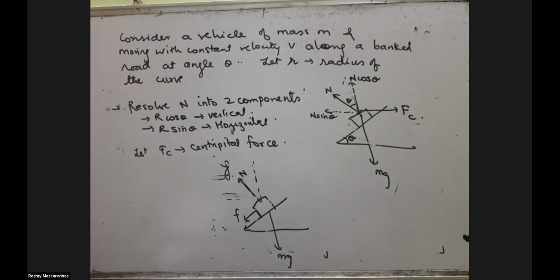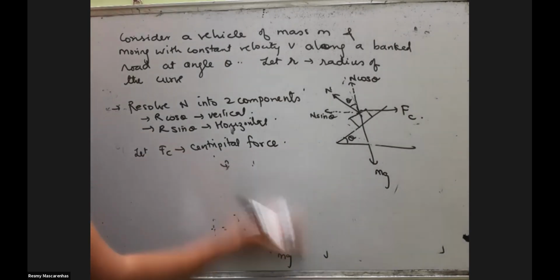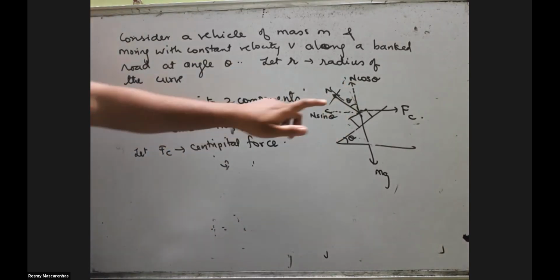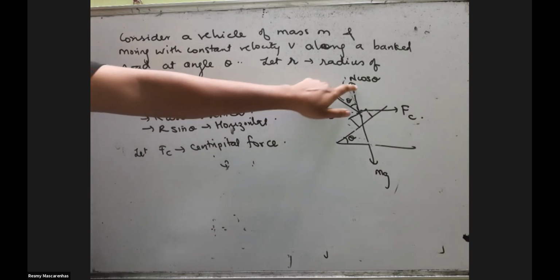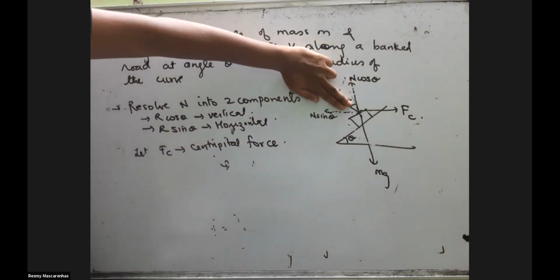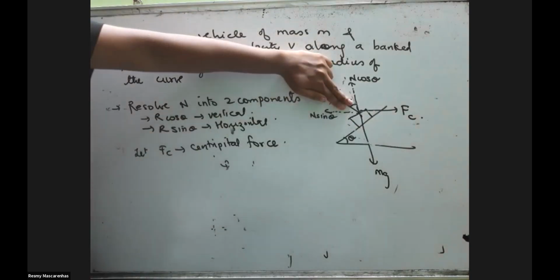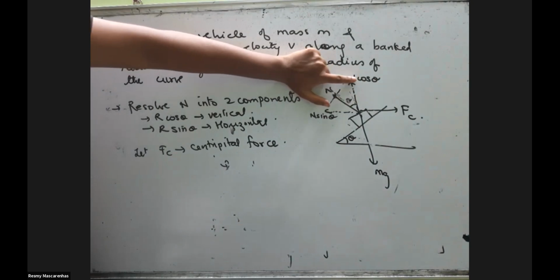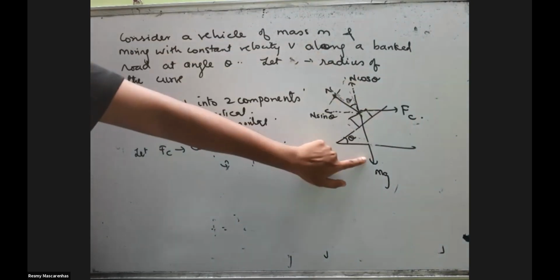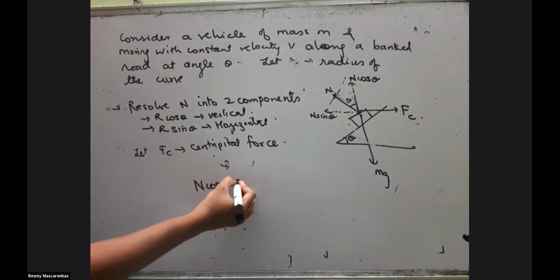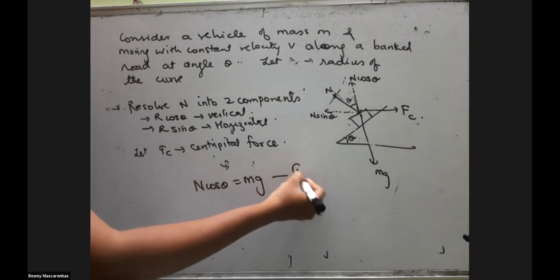Now look at this diagram. Now the moment you resolve this will not come into picture because N I already split into two parts. So we don't have to look at the angle one. Okay, we have to just look at properly vertical and properly horizontal forces and try to equate. So obviously which two are equal? The vertical one is equal to this one. So we know that N cos theta is equal to mg. So that will be our first equation.